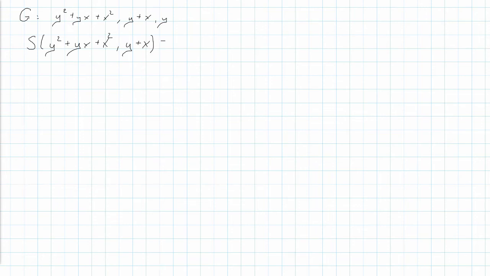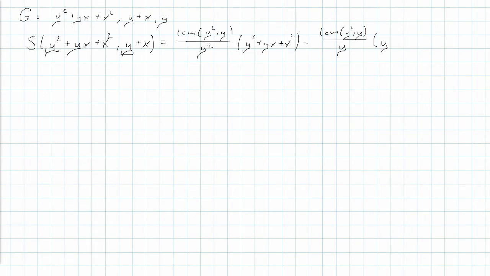According to the definition of the S-polynomial, this is the least common multiple of the leading monomials, y squared and y, over the leading term of the first polynomial, y squared, times the first polynomial, minus again the least common multiple of y squared and y over the leading term of the second polynomial, y, times the second polynomial, y plus x.